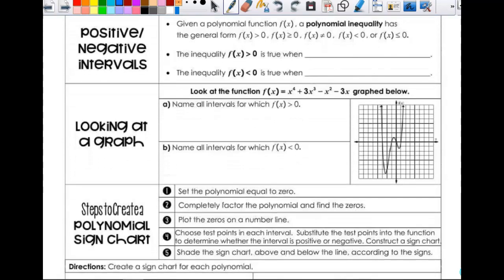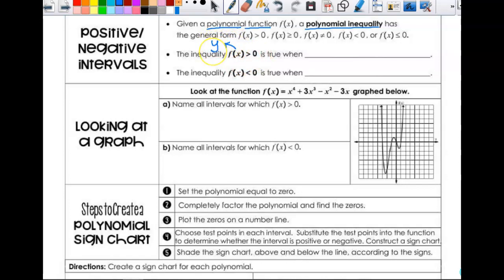Okay, so we're going to talk about polynomial inequalities today. Given a polynomial function, so we've been talking about polynomials, a polynomial inequality has the general form of f of x is greater than 0, greater than or equal to, not equal to, less than or equal to. Basically, an inequality means it's not equal. Okay, so for the inequality f of x is greater than 0, what does f of x always represent?